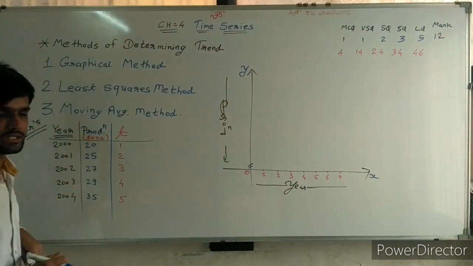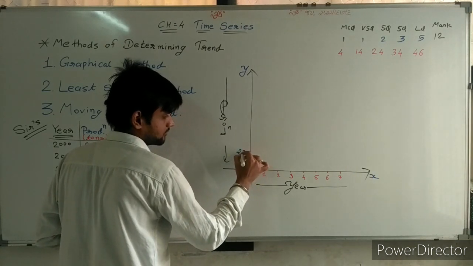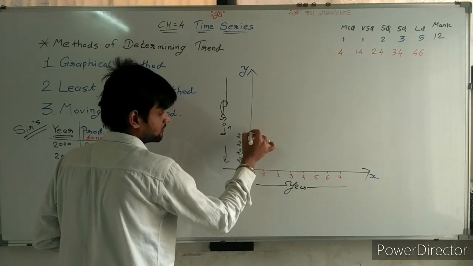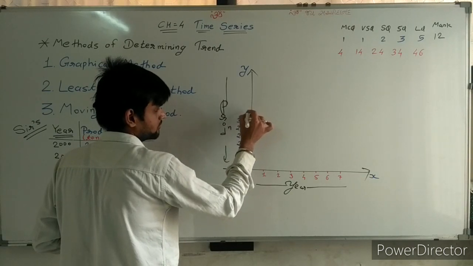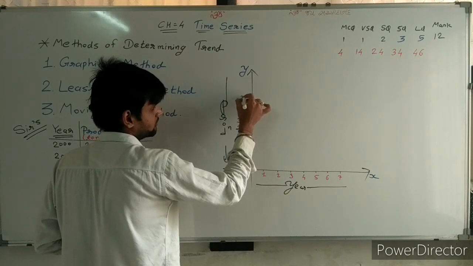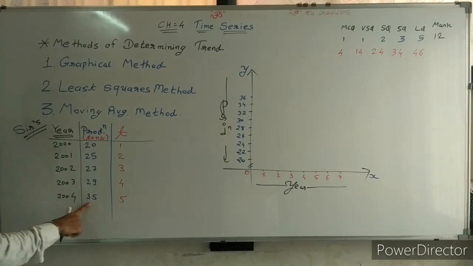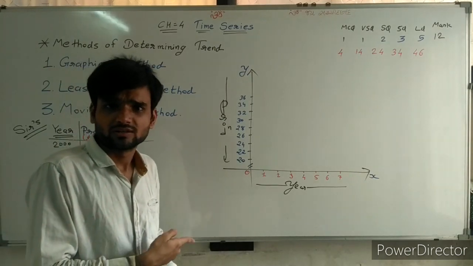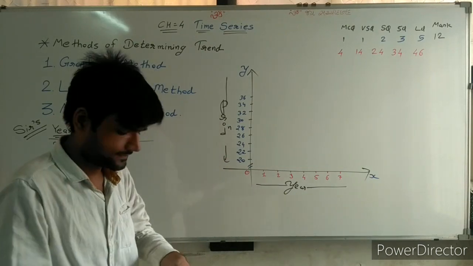Now I am starting with 20. Go up to 35, so 36. Okay, no problem, sir. This is the second chapter, that's why I am not explaining in detail. This is the easiest one to understand.